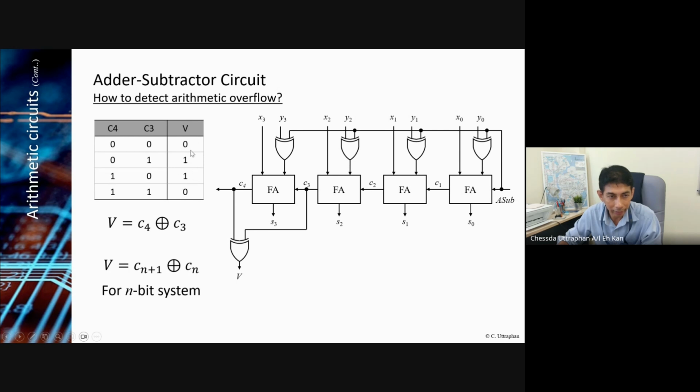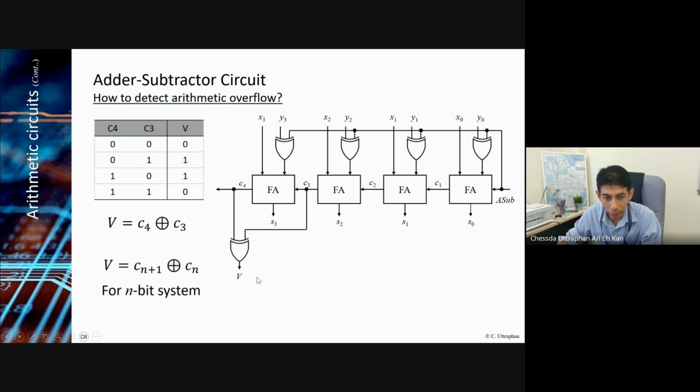And this is clearly an XOR gate, right? 0, 1, 1, 0 is an XOR gate, meaning that when we connect this C3 and C4 to an XOR gate, we can detect the overflow, and we call that overflow V, right? So for any number that you give here, when V equals 1 it means that you have overflow.